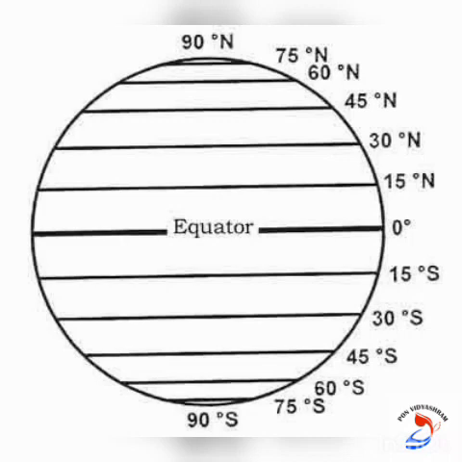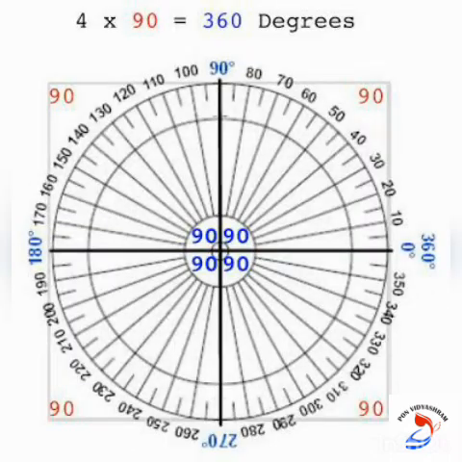Since the distance from the equator to either of the poles is 1/4 of a circle round the Earth, it will measure 1/4 of 360 degrees. That is, 360 divided by 4 is equal to 90 degrees.